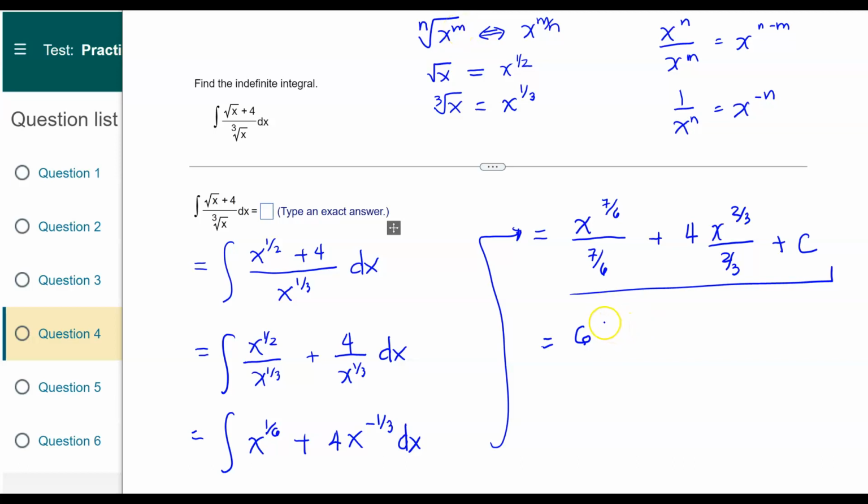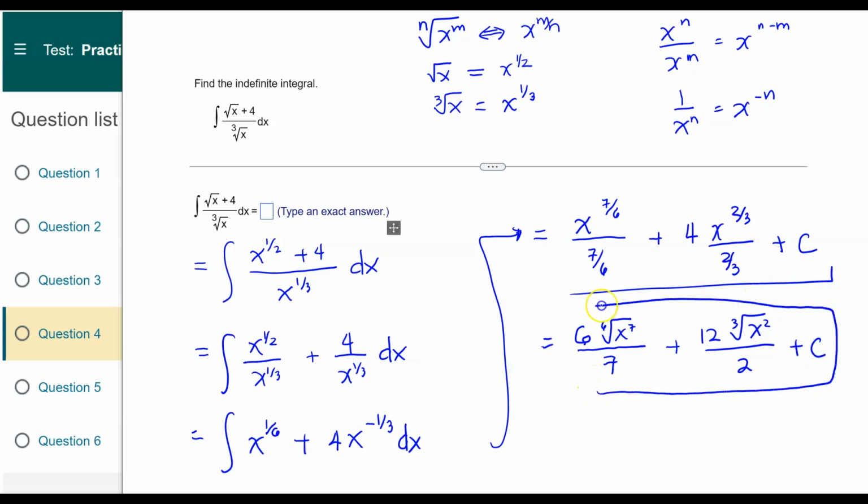So that would be the 6th root of x to the 7th over 7 plus, you have 3 times 4 is 12, cube root of x squared, all over 2 plus C. But as I've mentioned, you can stop here and input the answer like this. MyMathLab would still accept that.